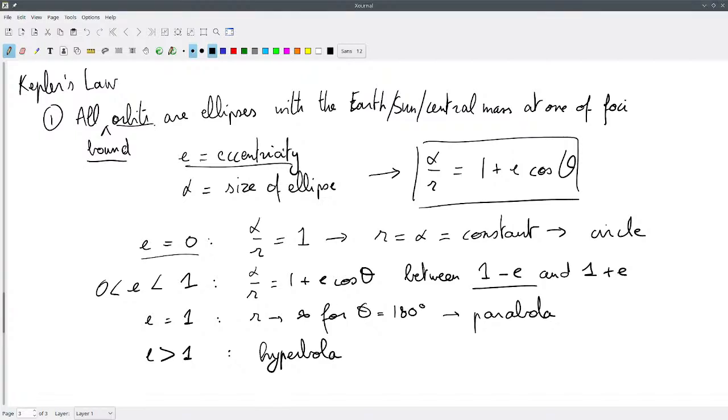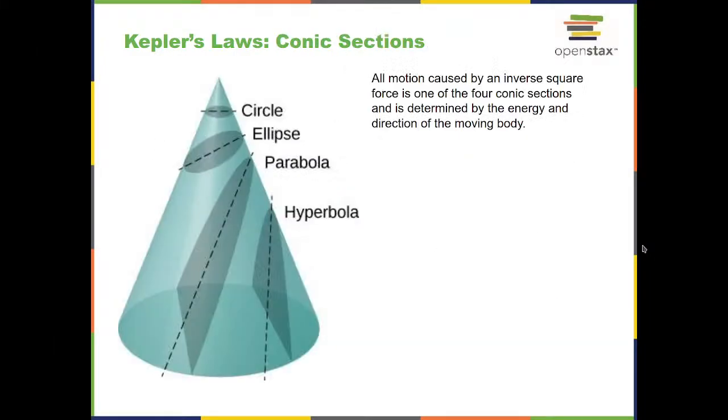So for bound orbits, we get ellipses. For any orbit, we get other shapes. So this is the ellipse. So for any orbit, we get what are called conic sections. Sections that you would get if you take a plane and cut a cone along that plane. If your plane is perpendicular to the axis of the cone, you get a circle. If it's at an angle, you get an ellipse. If it's parallel to one of the sides, you get a parabola.